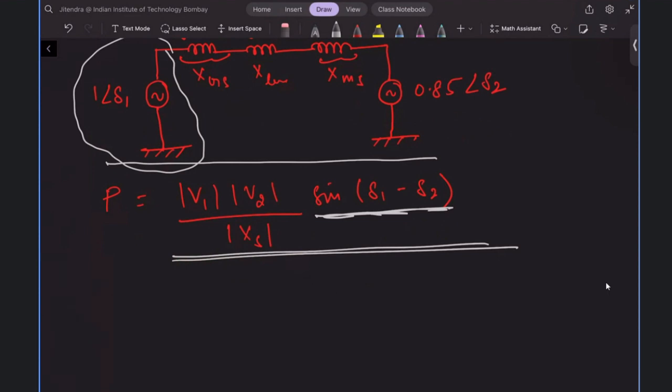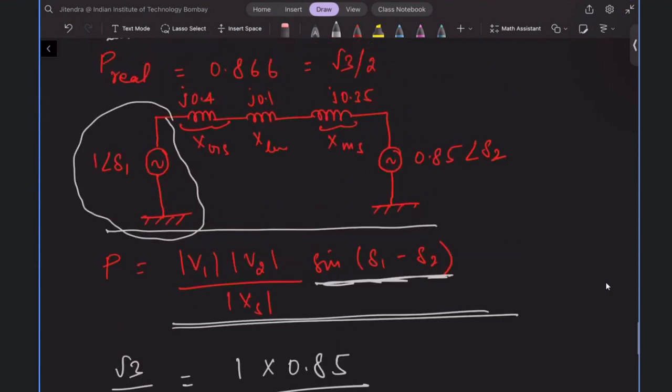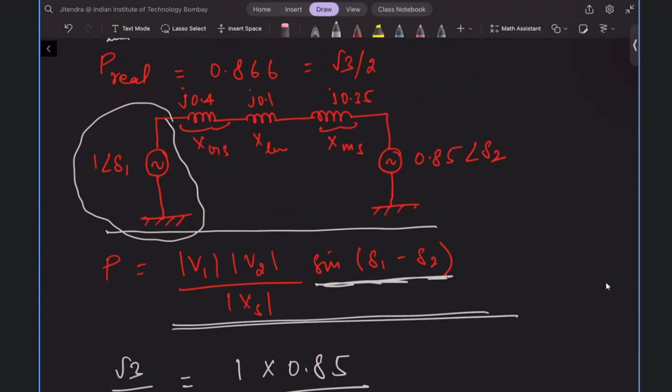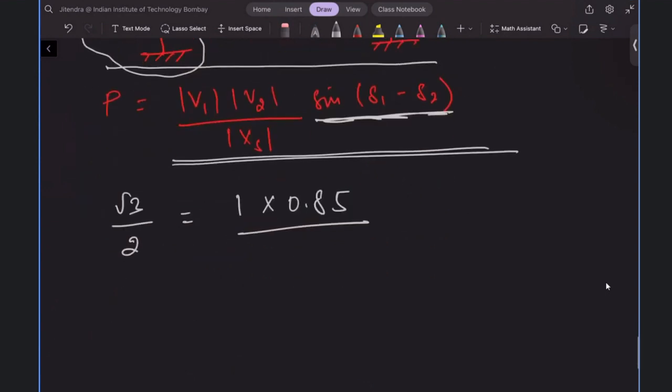So power is root 3 by 2. P1 is 1. V2 is 0.85. Xs will be the summation of all three inductances. So 0.4 plus 0.1, that will be 0.5, plus 0.35, that will be 0.85.